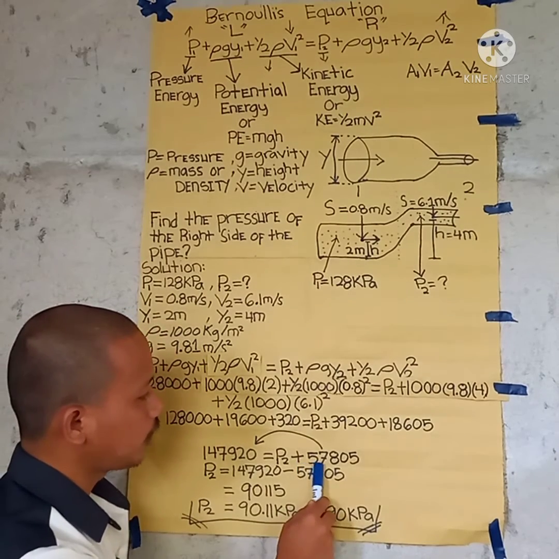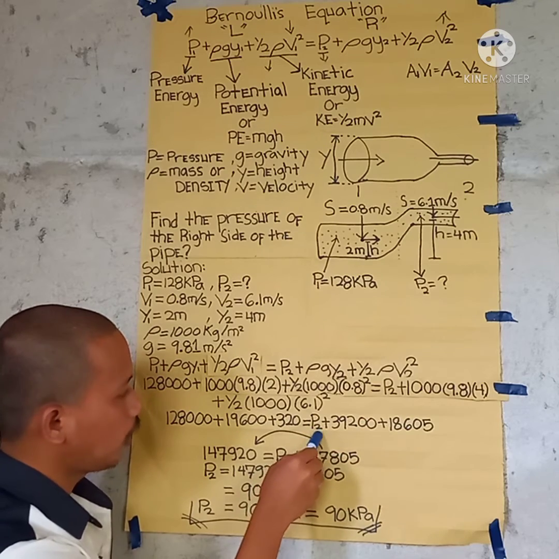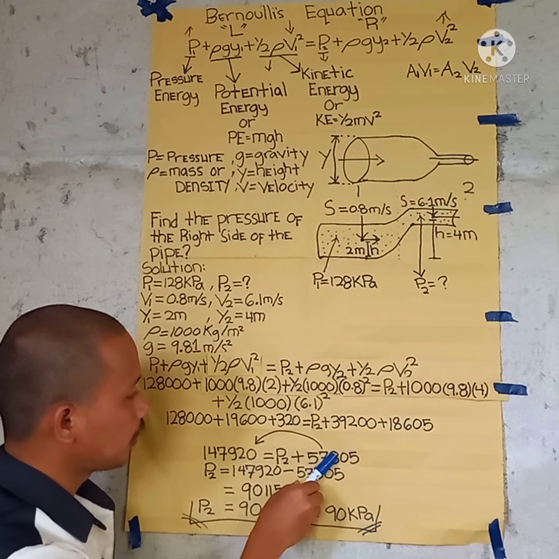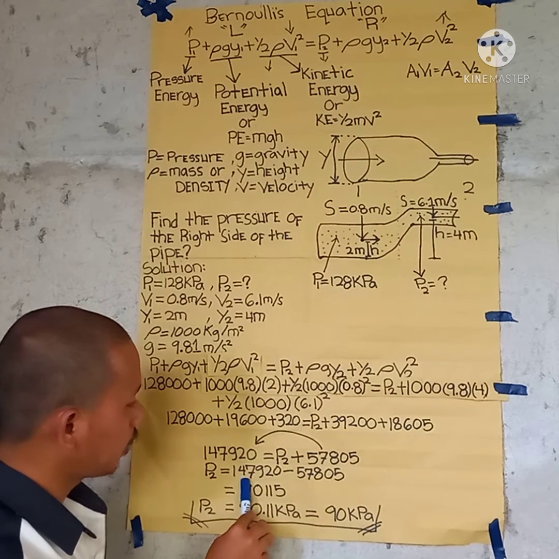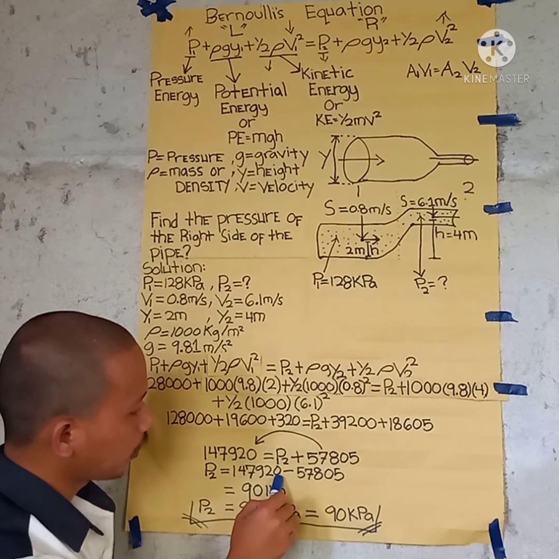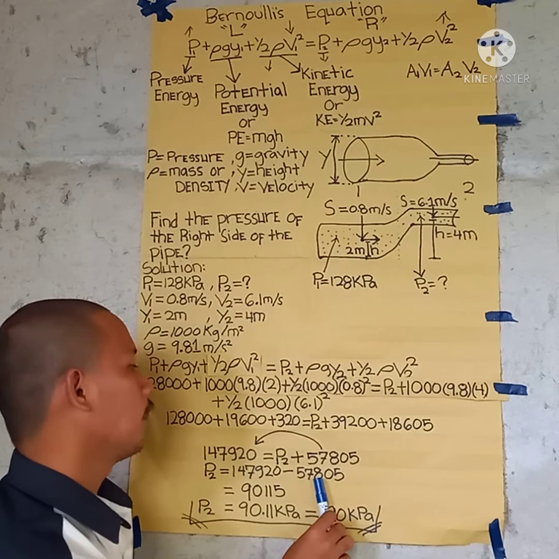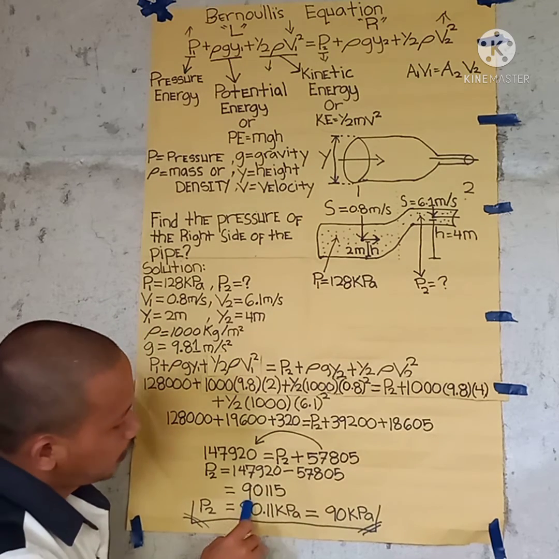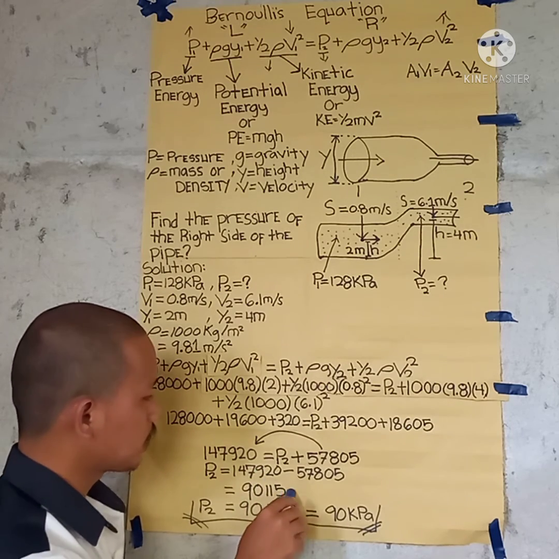So ang gawas niya ay 57,805. So bring down, kuhaon na nato ang pressure energy. So ato i-transfer ang 57,805 dire para ma-minus. So 147,920 minus 57,805. So ang magawas na kay 90,115, which is pascal pa na siya.